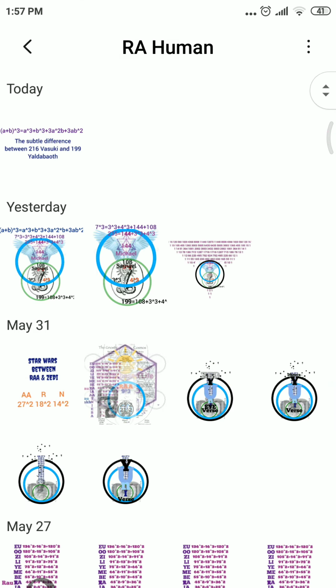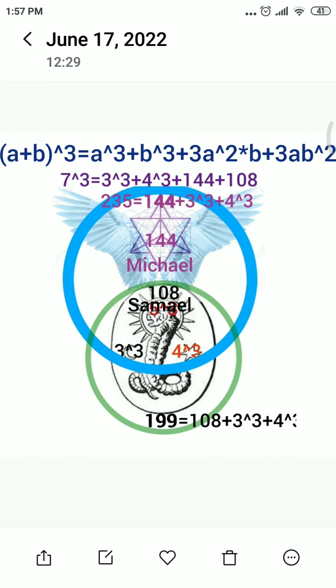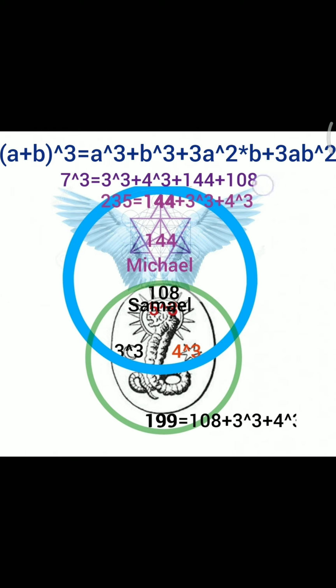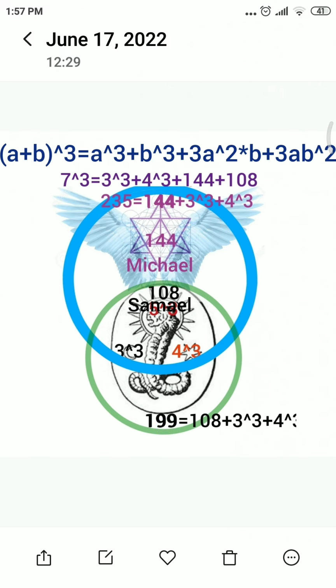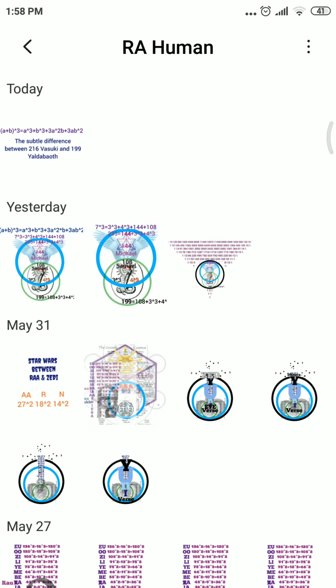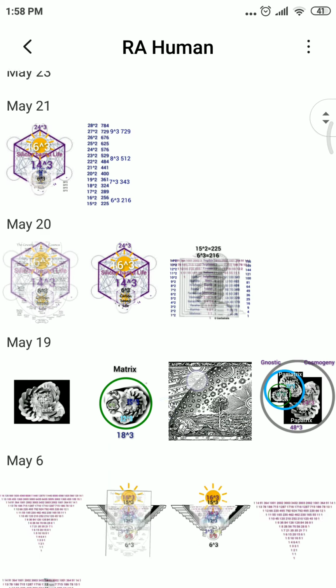So when you get order here, that means 144 plus 108 is 252, meaning this whole thing. If you have a sphere covering both these two spheres, that sphere would represent 252, which is the symbol of order in Hindu mythology.